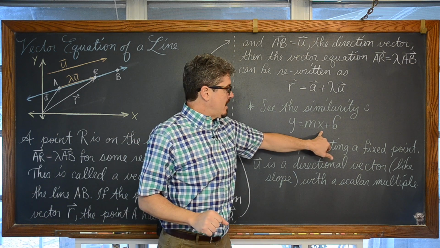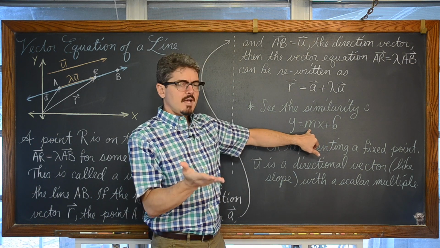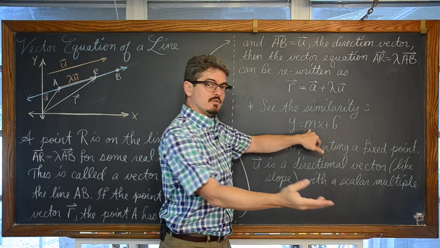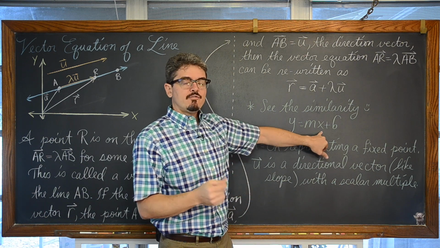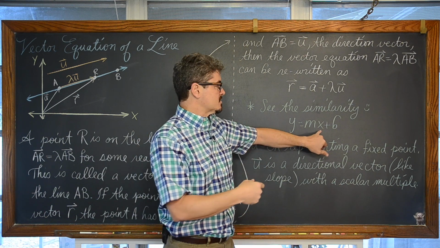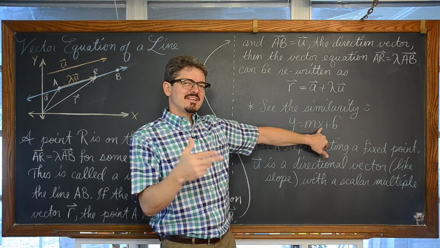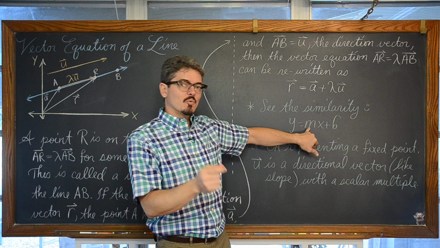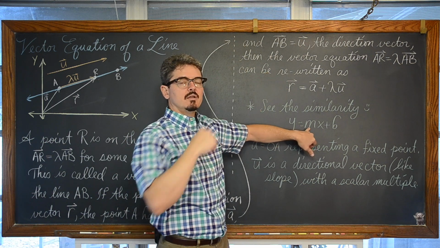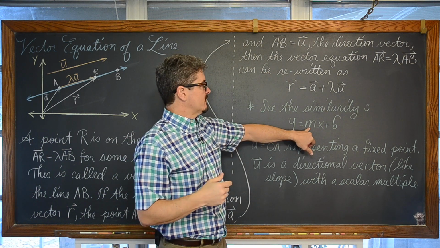And then our mx, well, m is your slope, and x is acting basically as a scalar multiple of m, telling you how many times you do that rise over run for the gradient or slope of your line.